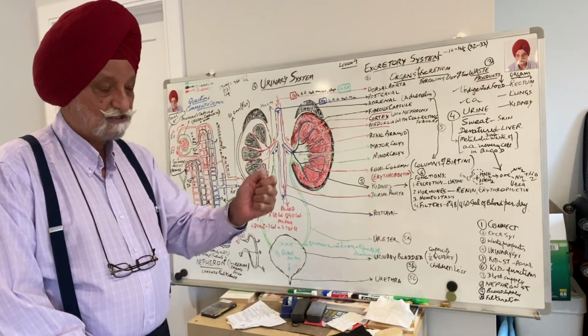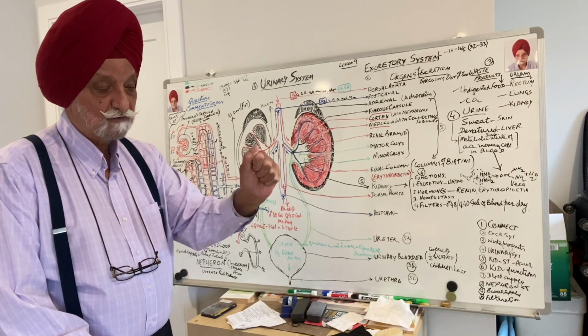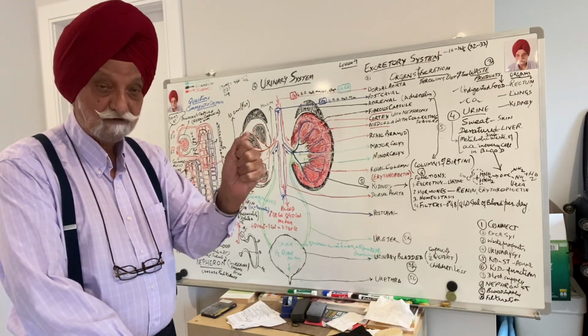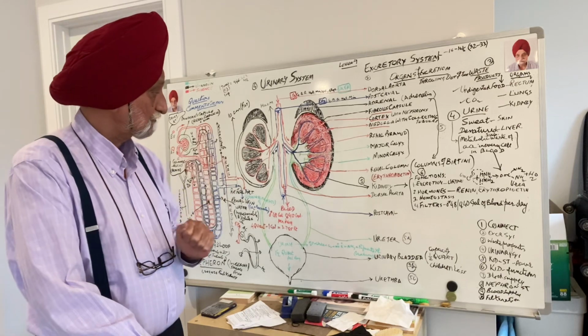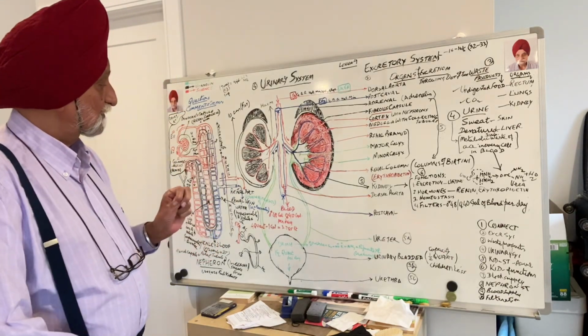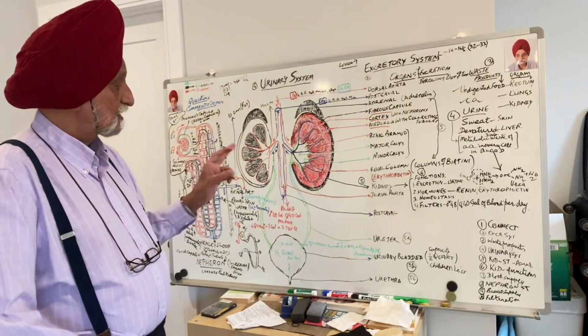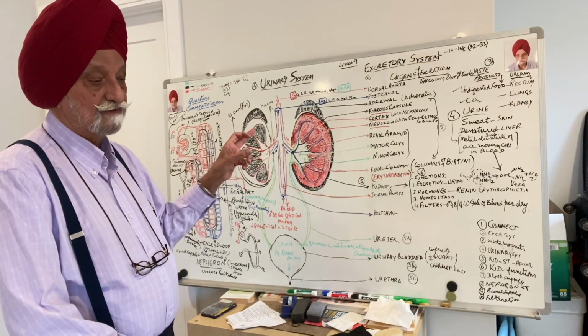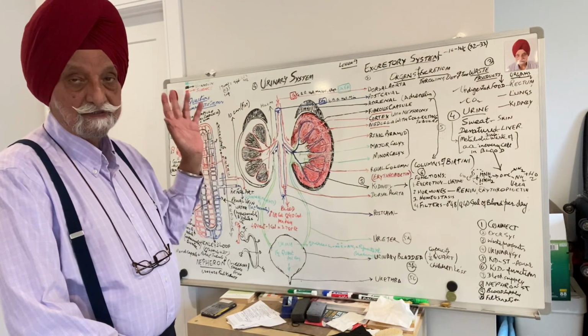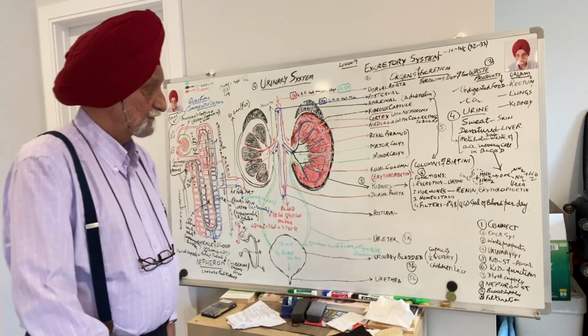Generally we say that each kidney is almost like one fist of the person. Now, each kidney is dark red in color.